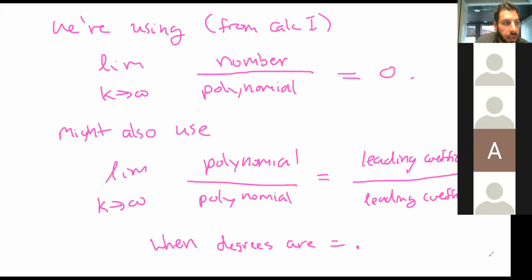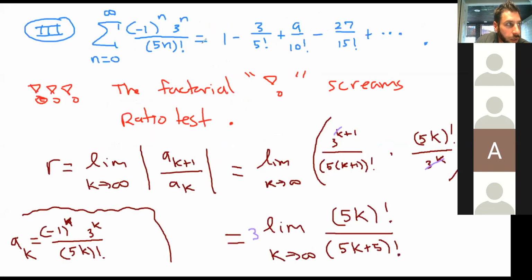At the end of the day, though, what do we know? So we know the following. After this work, we know this series converges by the ratio test. So if we summarize all this, heavens to Betsy.